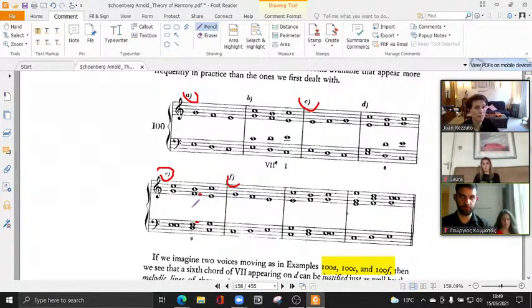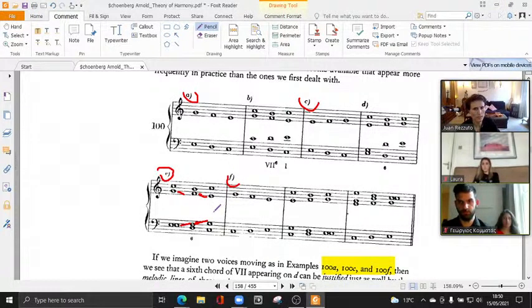The diminished interval that causes the dissonance has to resolve down, and that's it. There's no other way. But with counterpoint, voice leading, melodically, when you start to have melodic coherence between the voices, you can. That's the beauty of it.